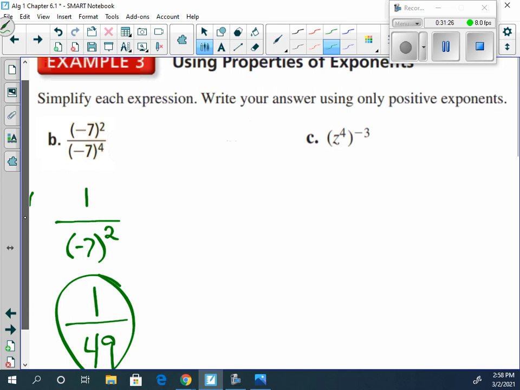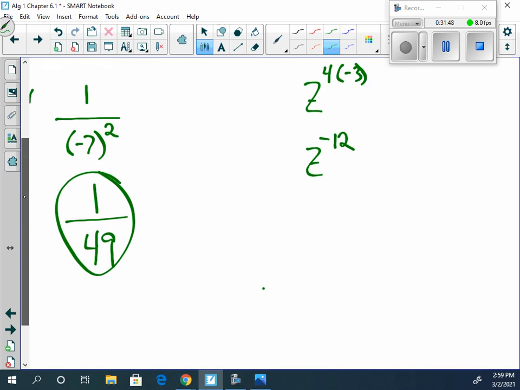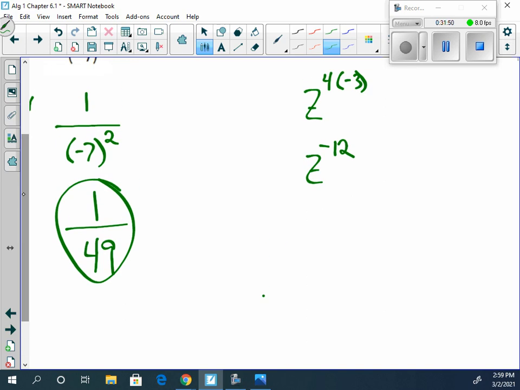Now, powers of powers multiply. So we would have 4 times negative 3. And what is 4 times negative 3? It would be negative 12. And because the exponent is negative, we have to do what?